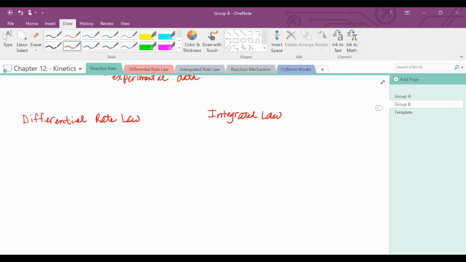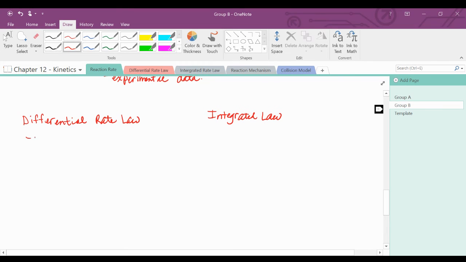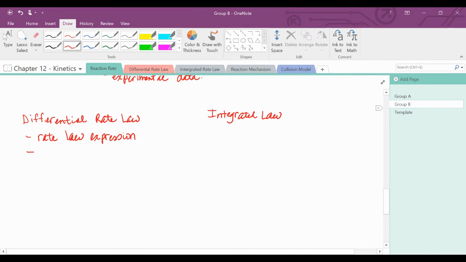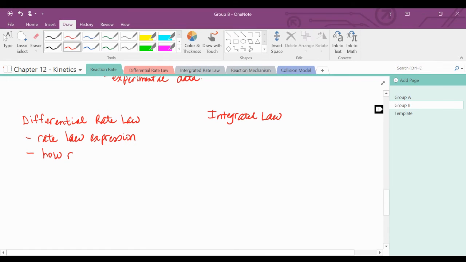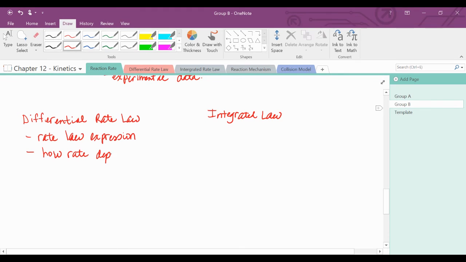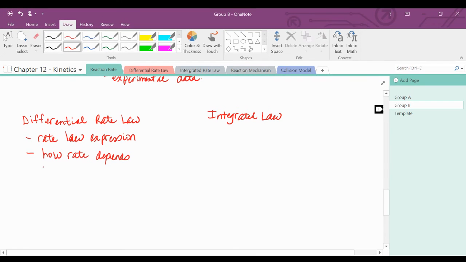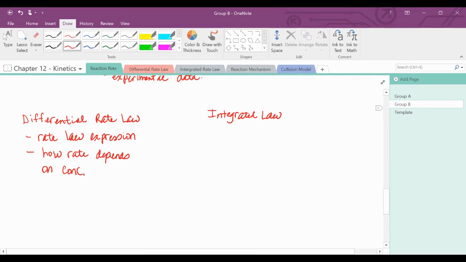In the differential rate law, we're going to write a rate law expression. That's what we just looked at. And what this tells us is how the rate depends on concentration. And in the integrated rate law, we're going to talk about how concentration depends on time.